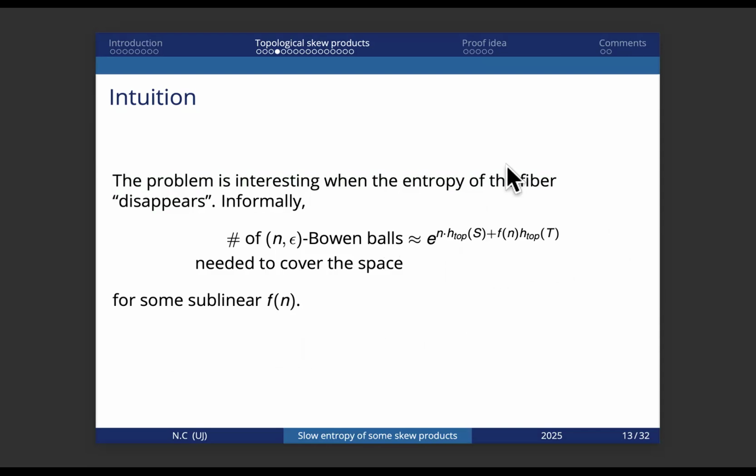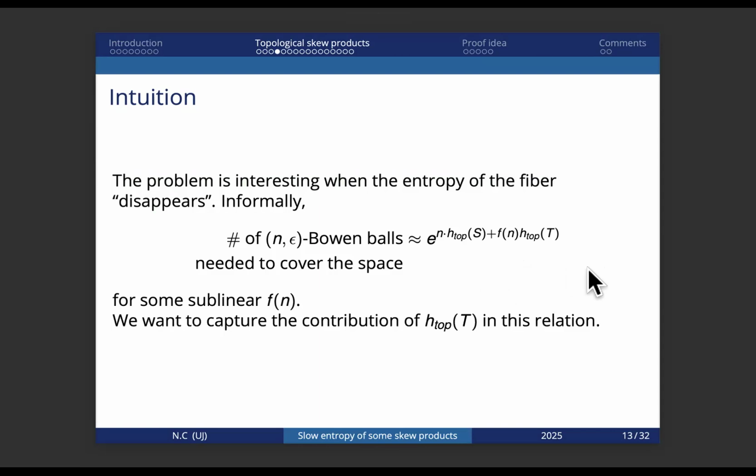So when we take logarithm of this and divide by n, this f_n over n disappears. Let me say that this is informal because actually some things depend on epsilon here, but I think it's a good picture of what happens.